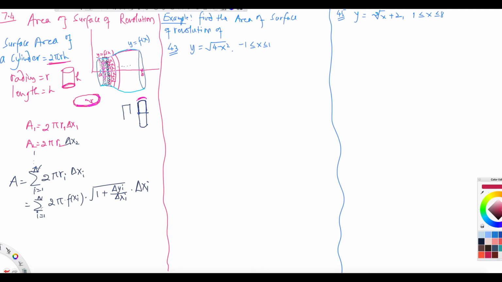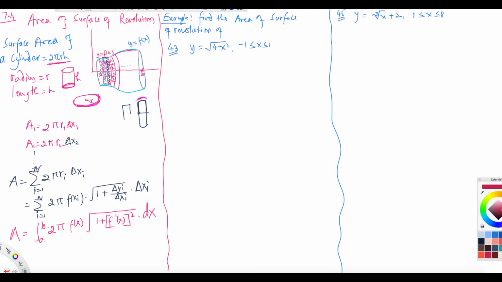In that case, that summation will tend to an integral, right? So that will be the integral from a to b, and then 2 pi times f of x, let us write just f of x, that's just the representative x, times the square root of 1 plus f prime of x squared, and then times dx.